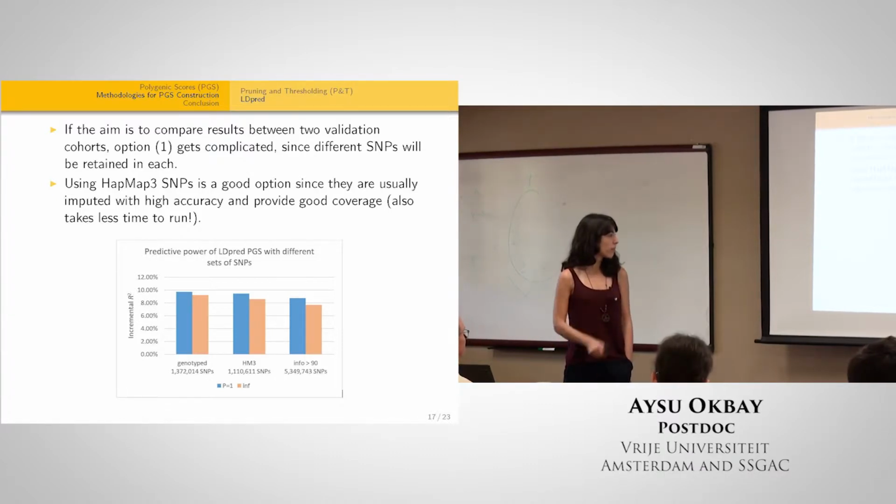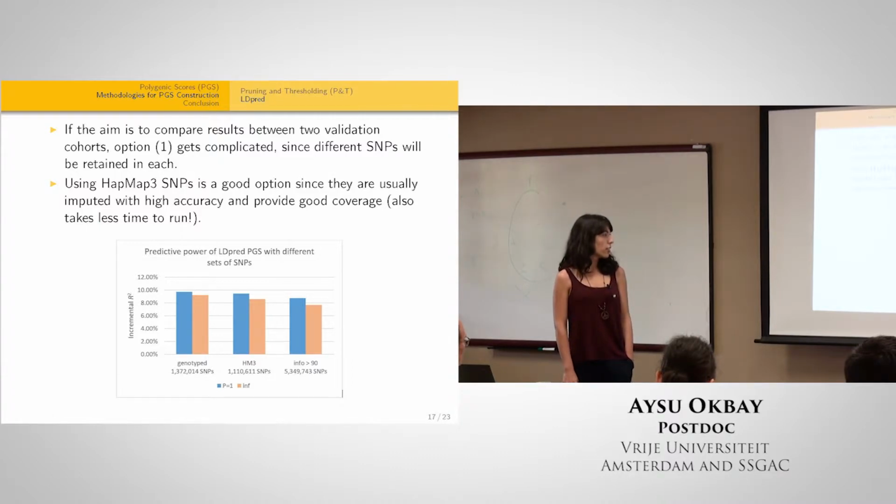So this plot is the predictive power of an LD Pareto score. This is again educational attainment, constructed using different sets of SNPs. The bars on the left are genotype SNPs. The middle is HapMap 3, and the one on the right is all imputed SNPs with an imputation accuracy above 90%.